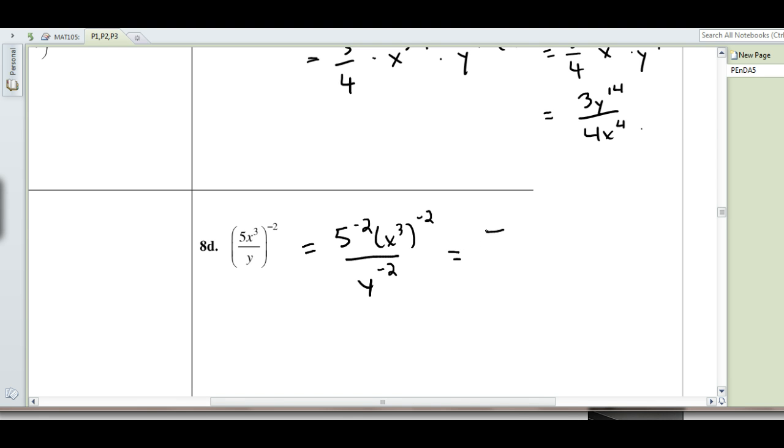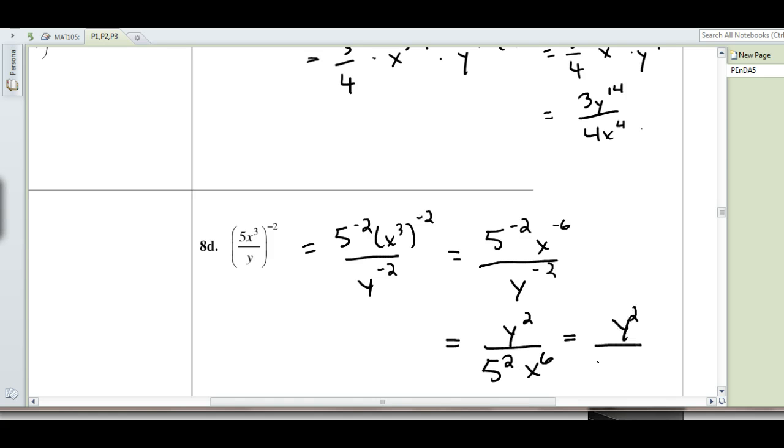So let's write this as 5 to the negative 2, x to the negative 6, and y to the negative 2. So notice all of our exponents are negative, so we want to make them positive, so just put them on the other parts of the fraction. So the y will come up to the top and be positive, the 5 will go to the bottom, and the x will go to the bottom. And then we can expand the 5 squared into 25. So y squared over 25, x to the 6th.